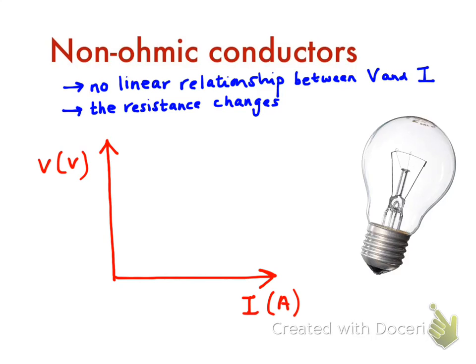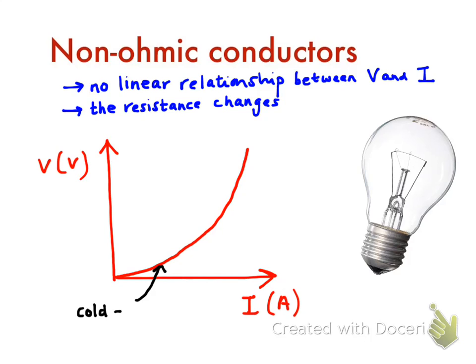Once again, if we have a VI graph, if we take some data points for different voltage and current readings, we might end up with a graph that looks something like that. So we have a curved relationship. You can see clearly that the gradient changes, and obviously the gradient of this graph is the resistance, so our resistance is changing.